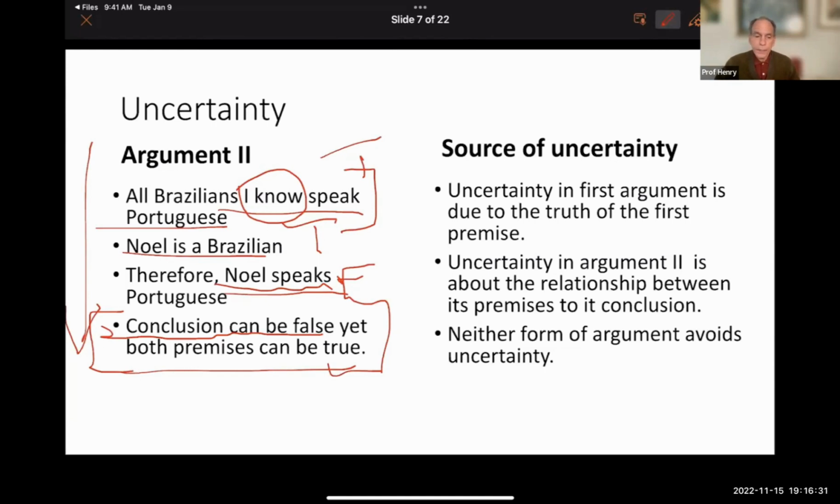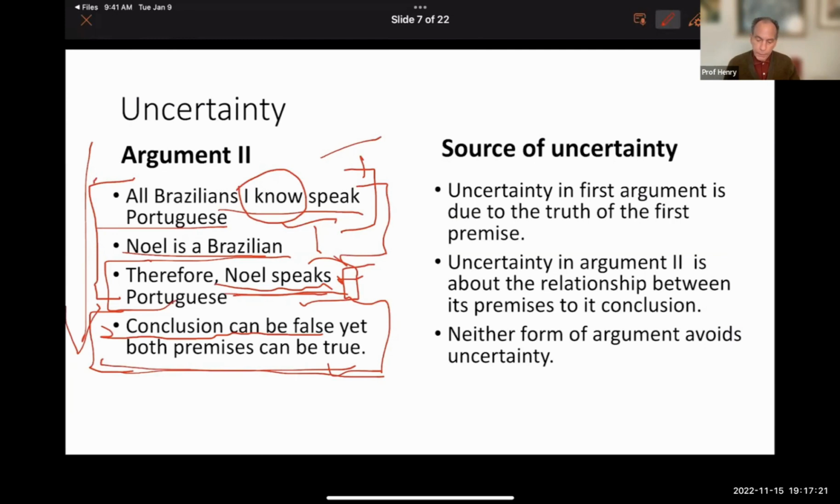That's true, and this is true, but this is false, and hence it's not a valid deductive argument, because the conclusion is false, even though the premises are true.